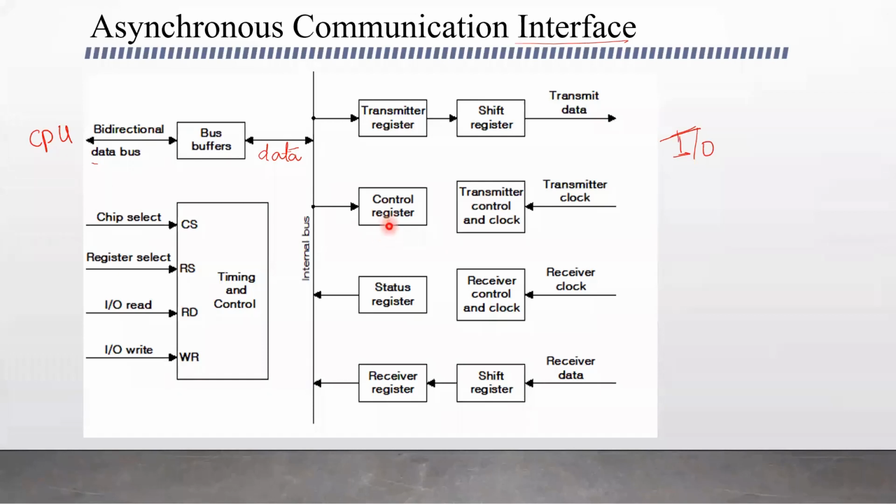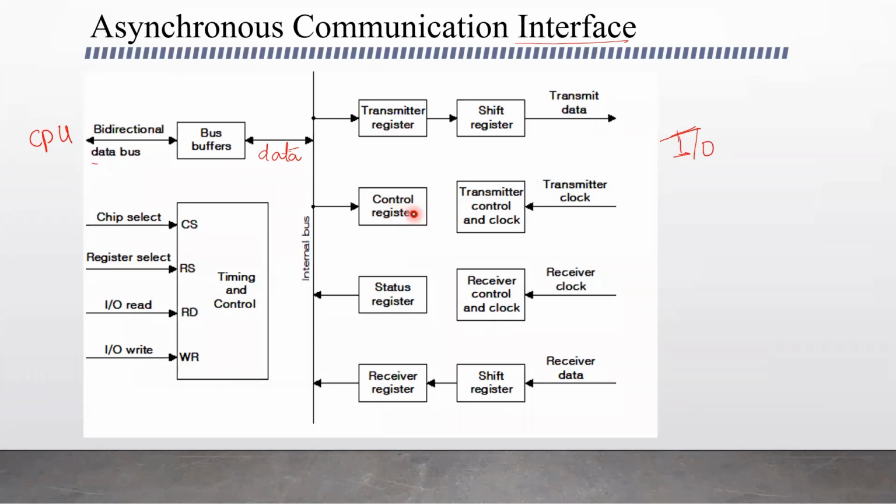What is this control byte used for? It is to control the operation, to determine the mode, meaning to define the baud rate, the speed of transmission. What is baud rate? The number of bits transmitted per second. That defines the speed of transmission.